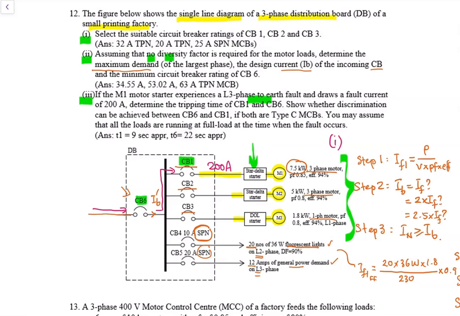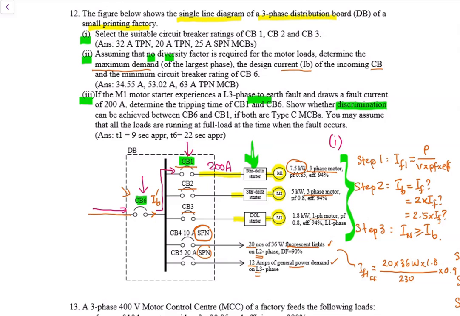So what is the meaning of discrimination? Discrimination means that the circuit breaker nearest to the fault, let's say if the fault is here, right, we would definitely want to see that this breaker will trip first before this breaker.